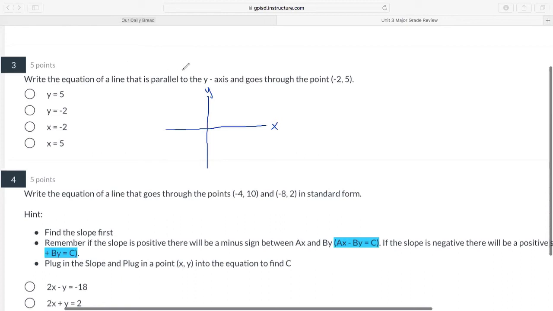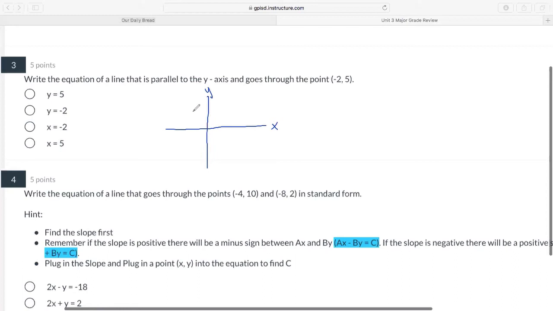So write the equation of a line that's parallel to the y-axis. So if it's parallel to the y-axis, is it gonna be a vertical line or a horizontal line? If it's parallel, yeah, then vertical line. So it's going to be a vertical line, goes to the point negative 2, 5.